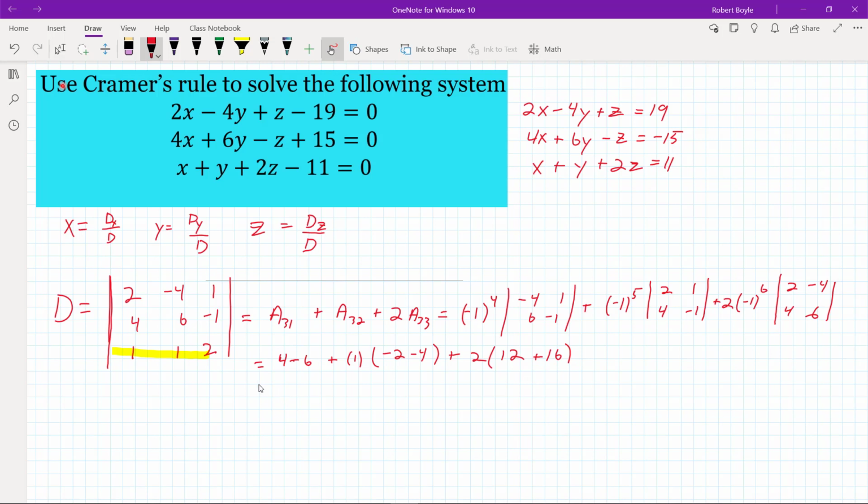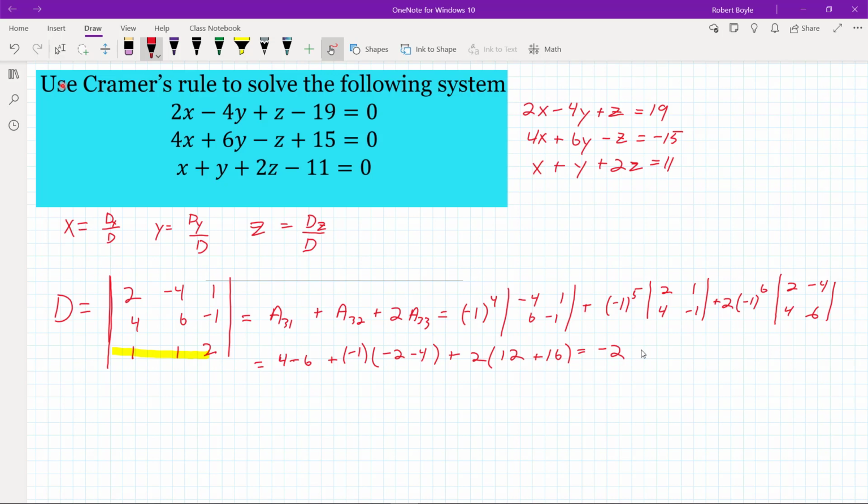Okay, so that is going to give us negative 2. Oh, I forgot the negative 1 there. It's supposed to be negative 1 times negative 2 minus 4.